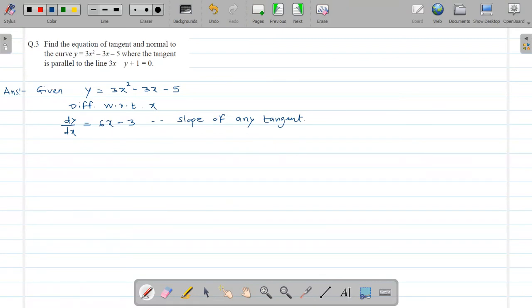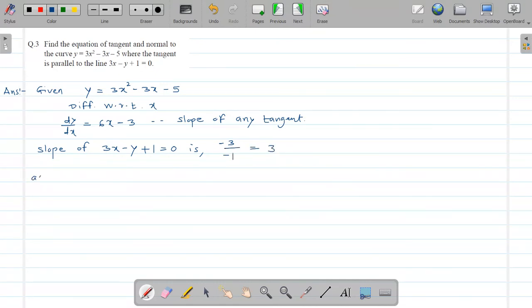Okay. Now the tangent is parallel to this line, that is 3x minus y plus 1 is equal to 0. So first of all I will find out the slope of the given line. So slope of 3x minus y plus 1 is equal to 0 is, by that rule, it is minus a upon b. So here it is minus 3 upon minus 1, that is equal to plus 3.